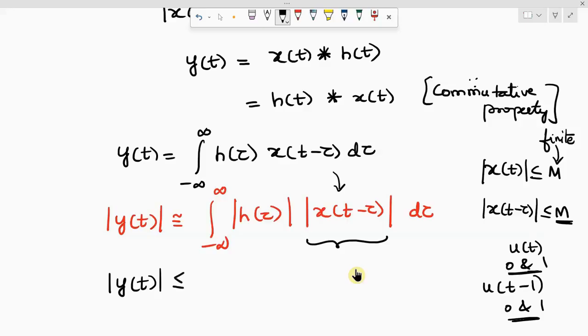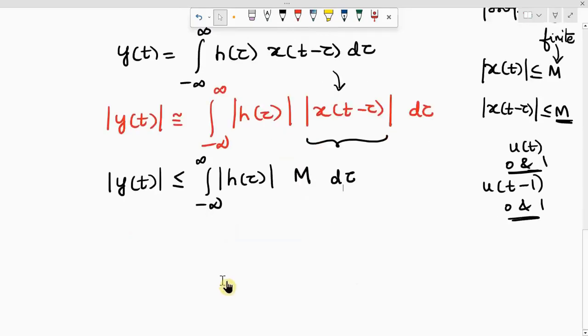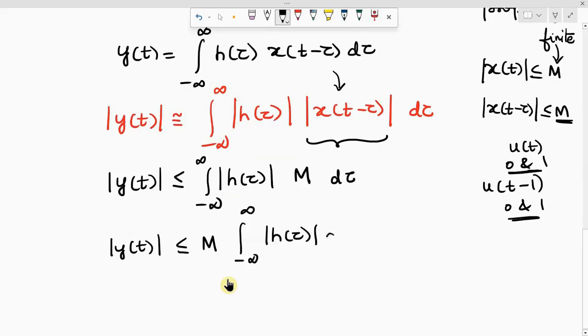Then it becomes less than or equal to the integral of mod h of tau, and this I am replacing with M. Clear till this point? Yes, sir. Now this M is a constant, so I am taking that M out of the integral. And can you please write the remaining? It is the integral from minus infinity to infinity of mod h of tau d tau.